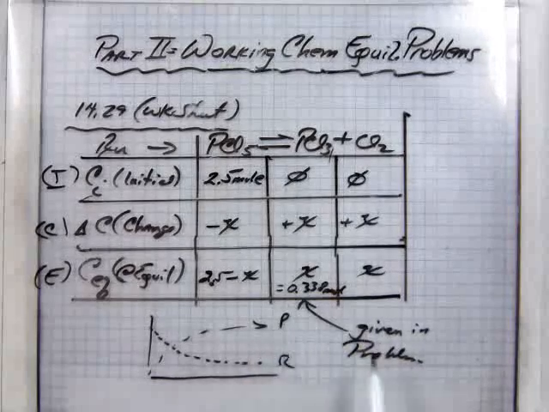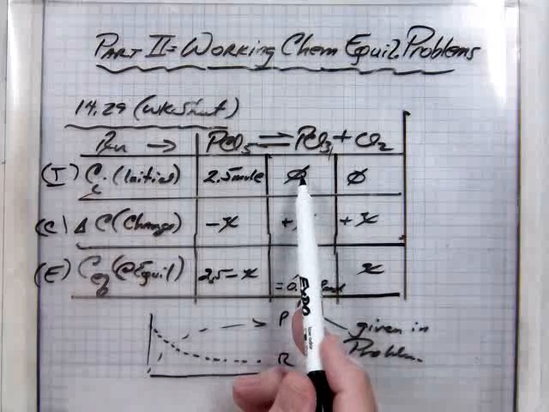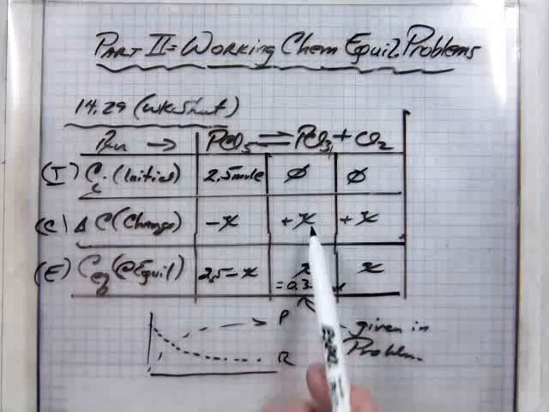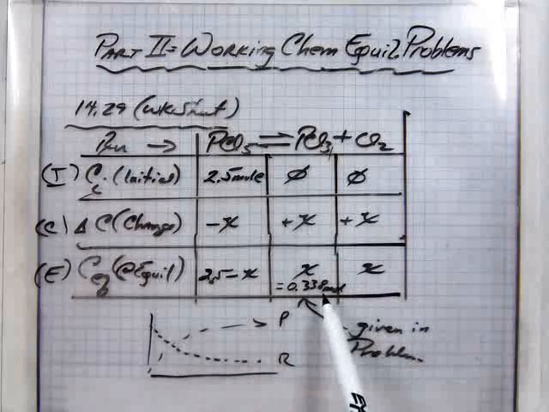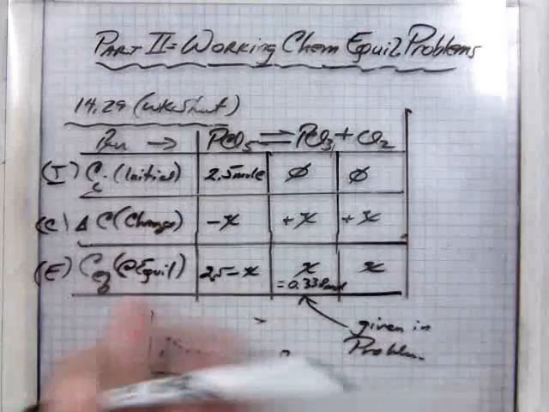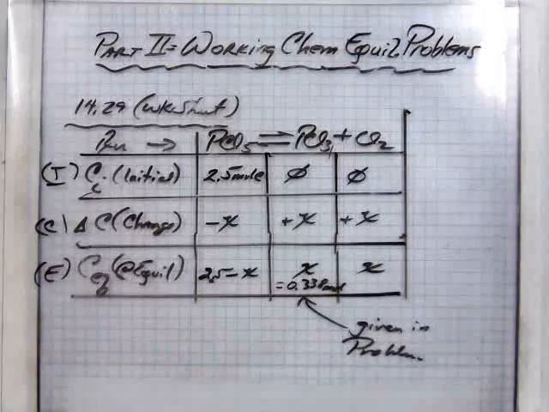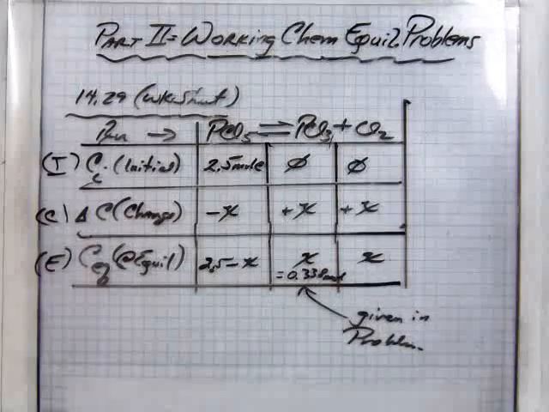And what I told you a moment ago is that the sum of the initial and the change equals the equilibrium concentration. I'm going to recover this real quick. So with that, we can calculate what x is and get the rest of it.